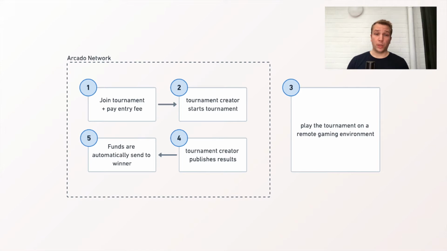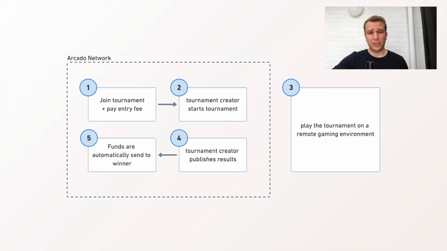A tournament creator was responsible for starting one. Then the user would play a tournament on a remote gaming environment. Then a tournament creator would publish results of what happened on a remote server, and funds are automatically sent to the first, second, and third winner in a custom transaction.